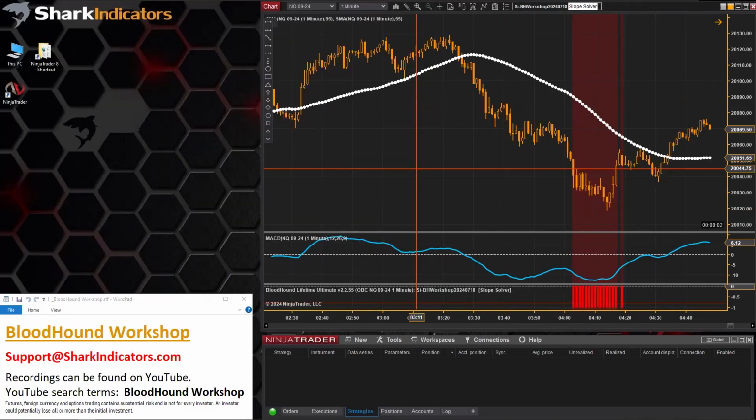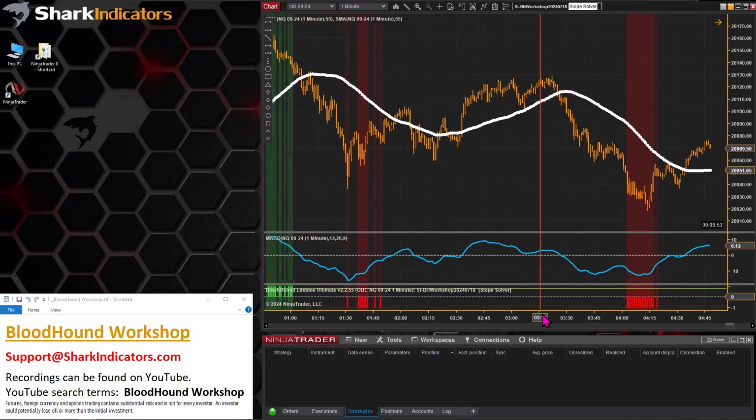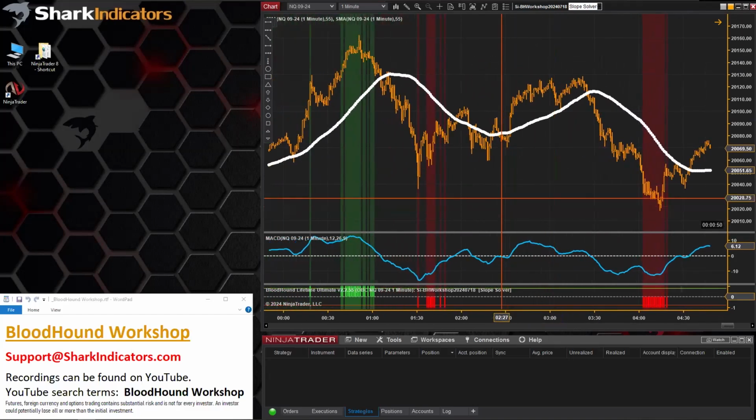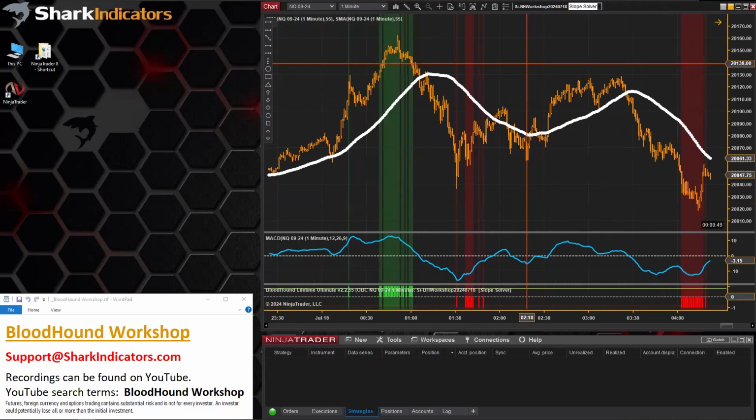Mark's asking, what happens if you put in 10 ticks of movement? Probably on this 1 minute chart, it's going to cut everything out. Let's shrink this up a lot, and even more.